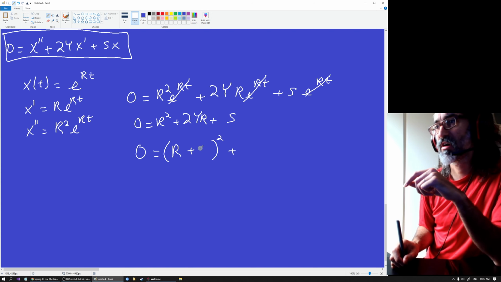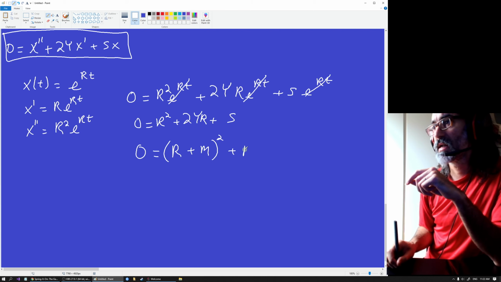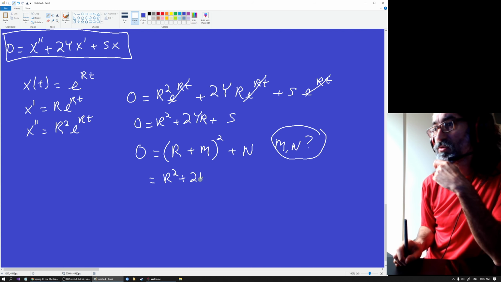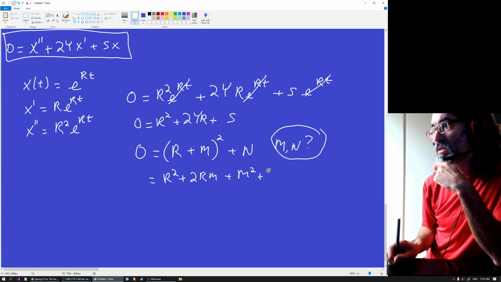Let's come up with variable names, just m and n. Okay, now m and n, we need to find them so that it looks like this. So let's open this. So it's going to be r^2 plus 2rm plus m^2 plus n.